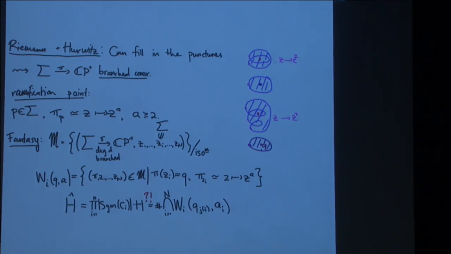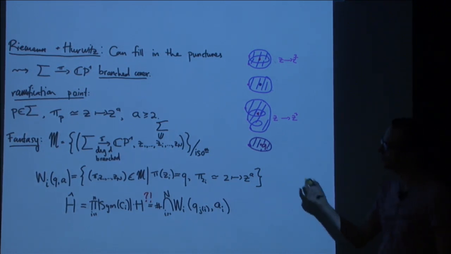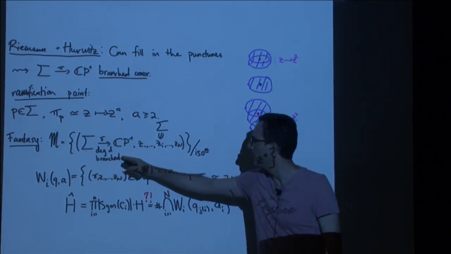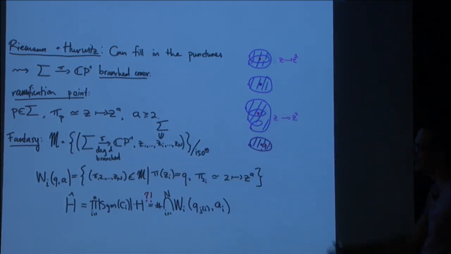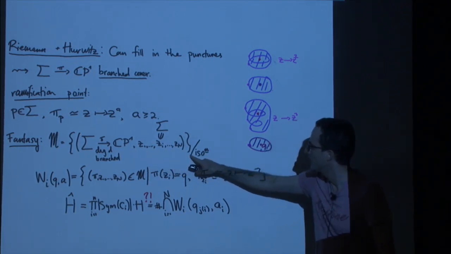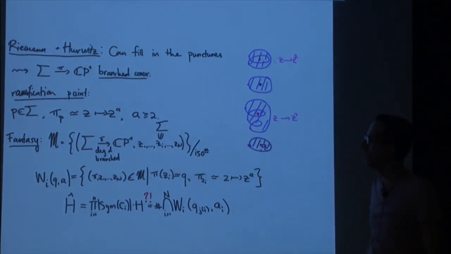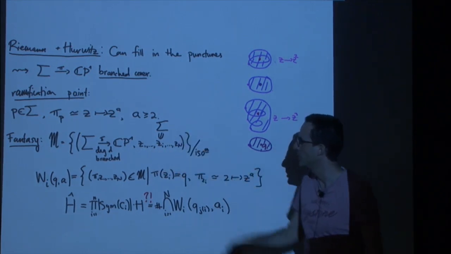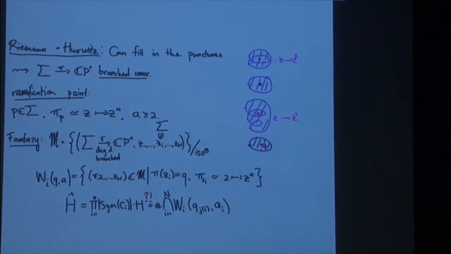So at this point, you might start fantasizing that maybe there's this nice space M, which parameterizes all the degree d branched covers. I need to add these marked points here. You'll see why in a minute. These are just some n-tuple of marked points in the domain, with no condition at this point.